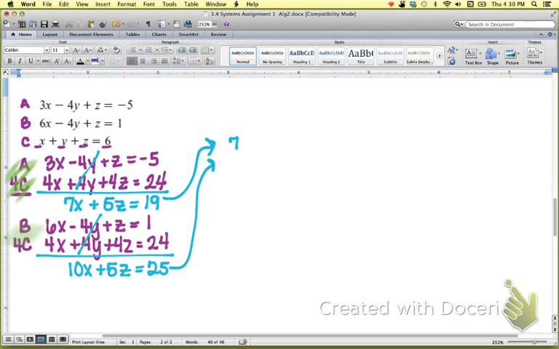So I'm going to recopy them. 7x plus 5z equals 19, and 10x plus 5z equals 25. Now I have to use elimination again here. This one looks like it's set up really nicely to do elimination because they both have a 5z.